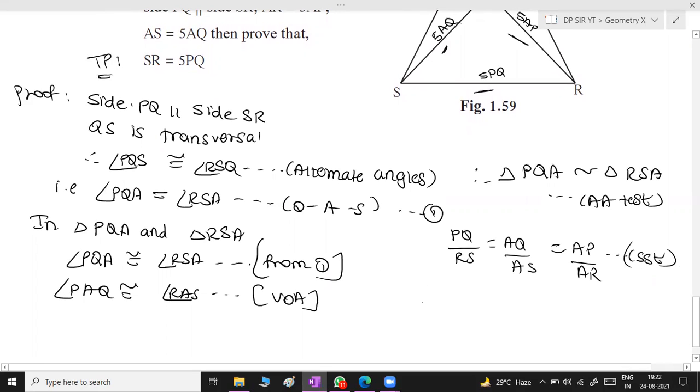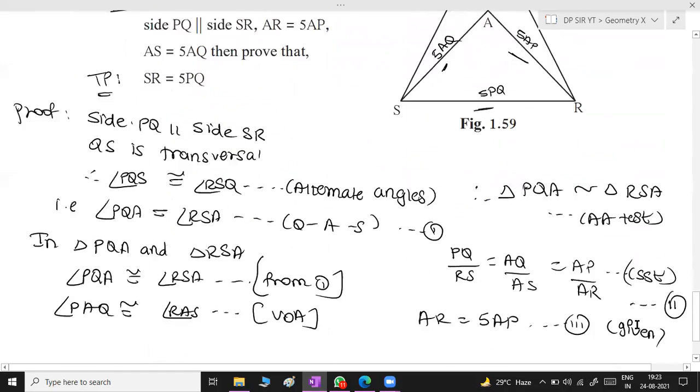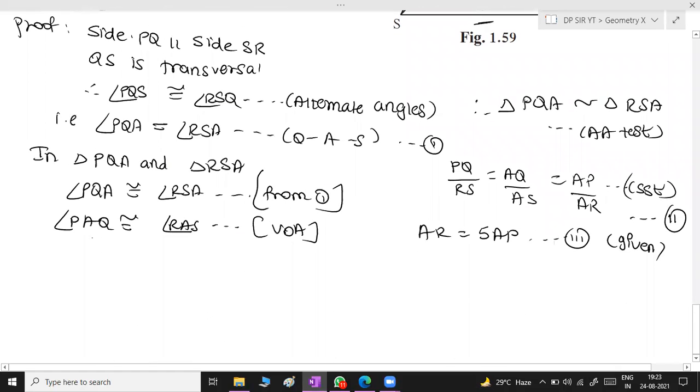And here AR is equal to 5 times AP. Let this be your equation number 2 so that you don't have any issue in substituting. And this is AR is equal to 5 times AP. Let this be your equation number 3, and reason is given. So never leave the geometry paper like that. See to it you provide justification.